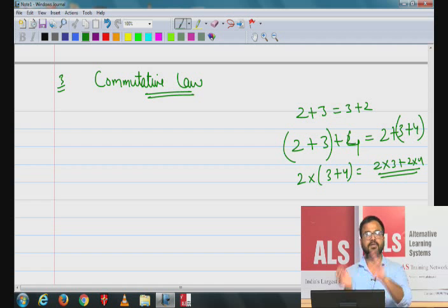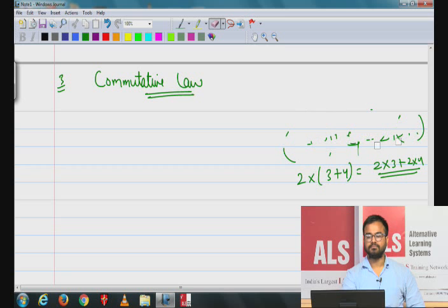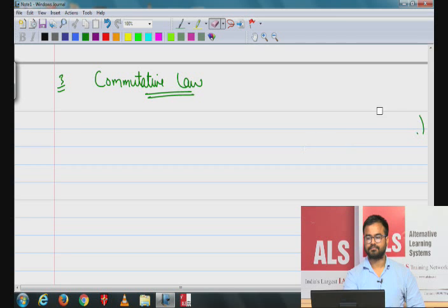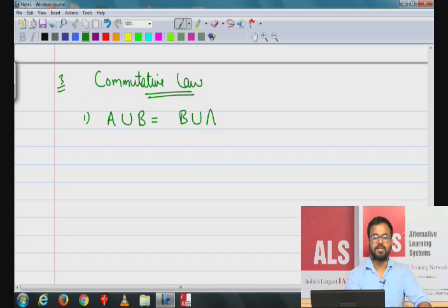The same laws we are going to use in the form of sets. So the commutative law works for both union and intersection. A union B is equal to B union A. This is known as the commutative law.